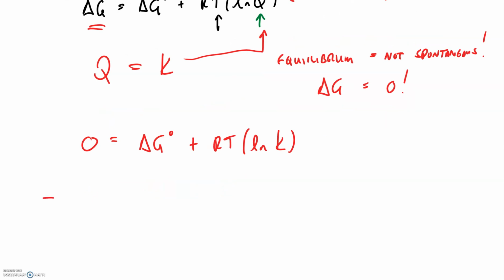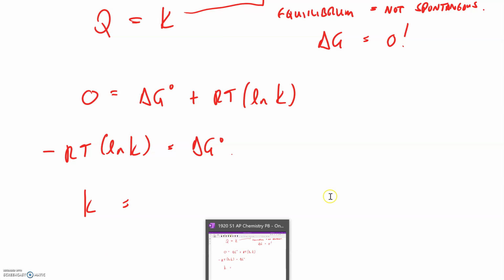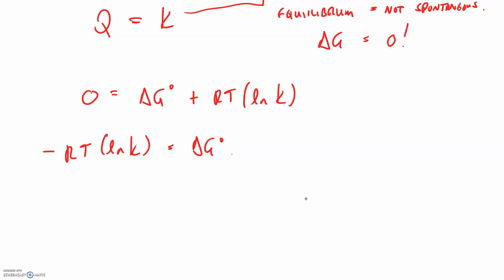Well, what this gives us is negative RT times the natural log of K equals delta G under standard conditions. So how do we solve for K? Let's back up a bit. We know that the natural log of K would be equal to delta G under standard conditions over negative RT.